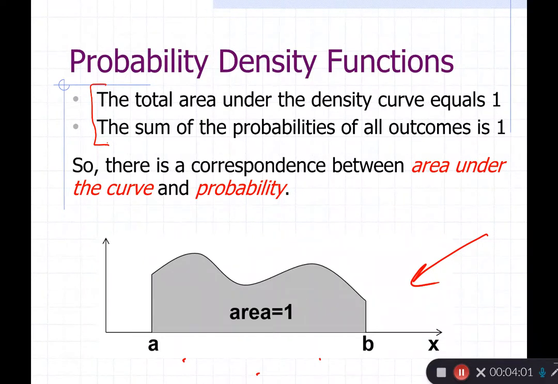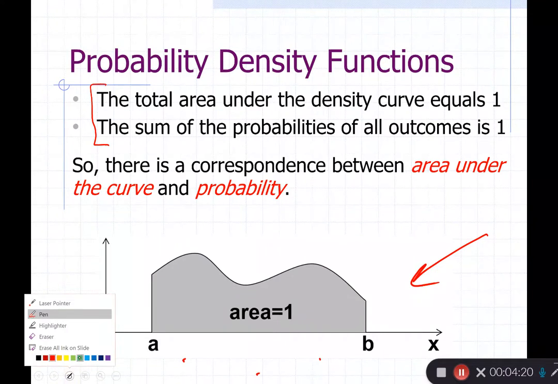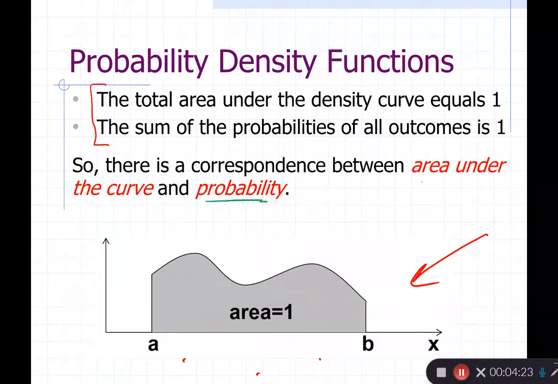So basically, I want you to connect those two words, area and probability. If you're dealing with continuous data, and you have a continuous probability distribution, then area is directly related to probability, and probability is directly related to area.